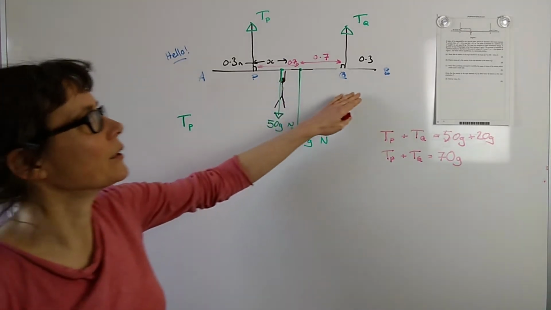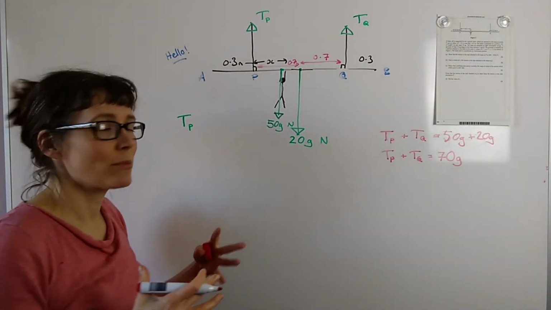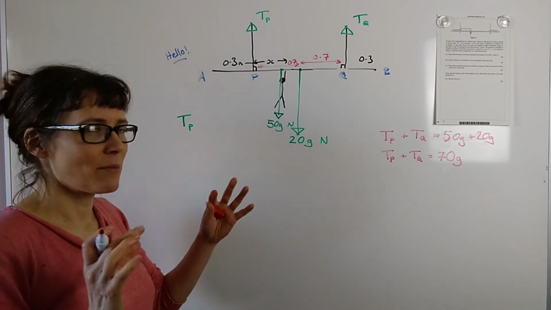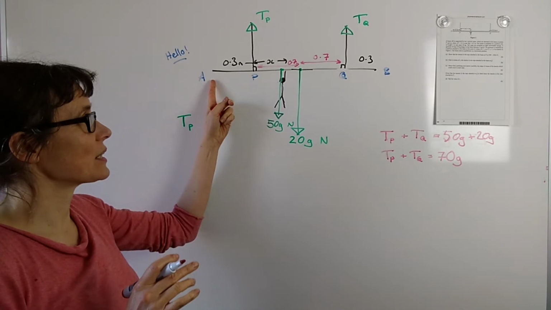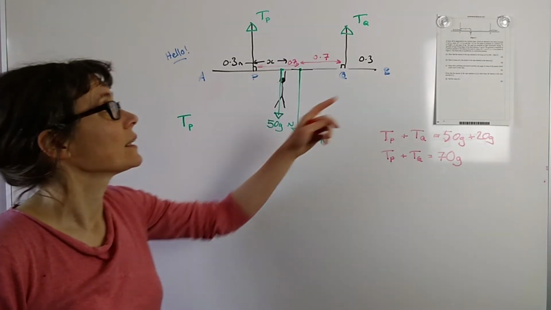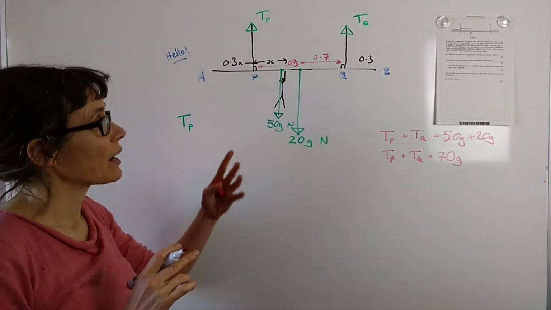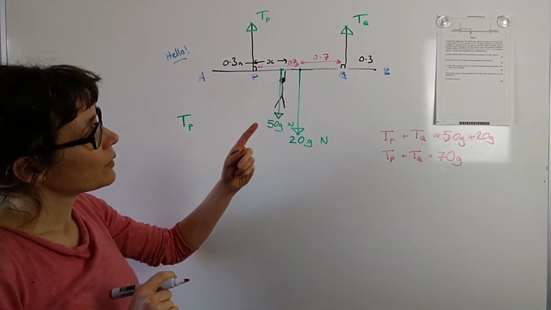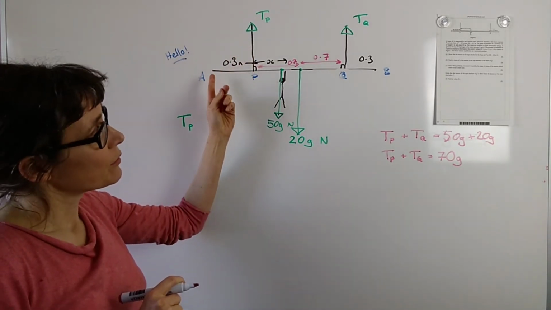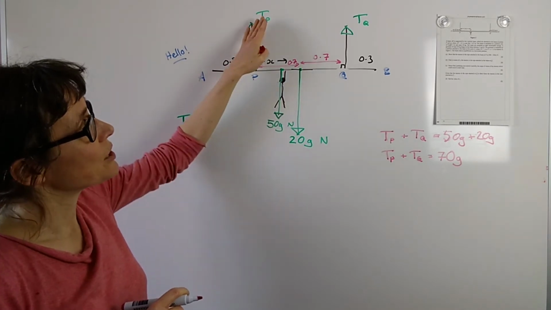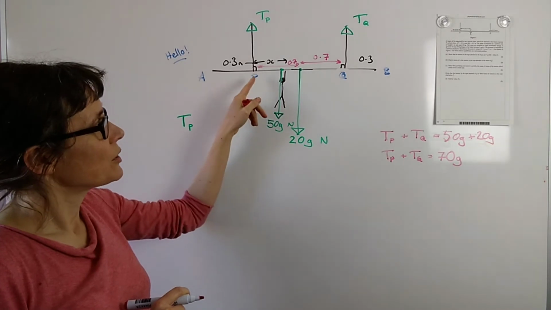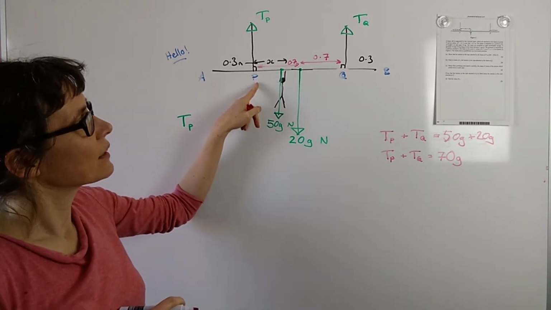If we took moments about P, TP would no longer have any moment because its perpendicular distance is 0. So we would be able to find TQ. But actually we want to find TP, and what we don't care about yet is TQ. So I'm going to take moments about Q, so that I no longer have a TQ in my equation. It's all about choosing the point.